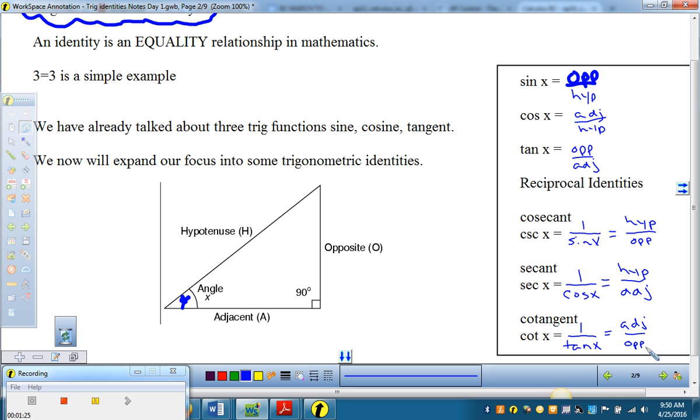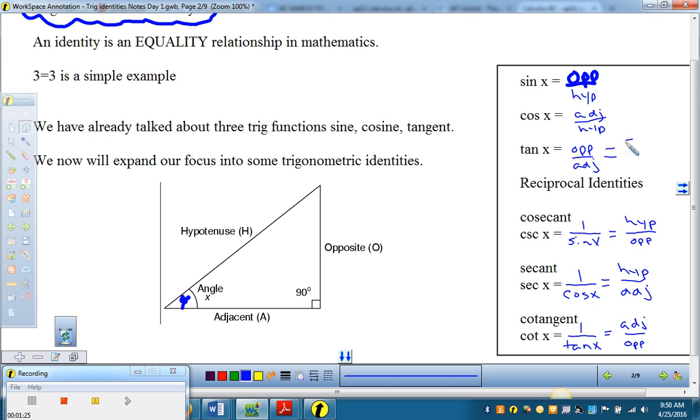Okay, now, a couple of things that we want to clarify. When we did tangent on a unit circle, how did we get the tangent? Sine was the y, cosine was the x, y over x. Very nice. But the y was the sine and the x was the cosine.